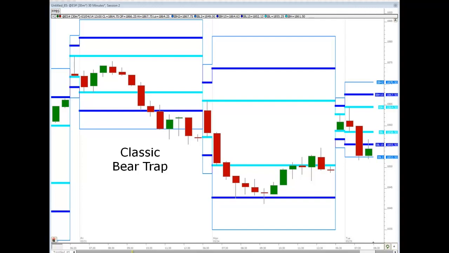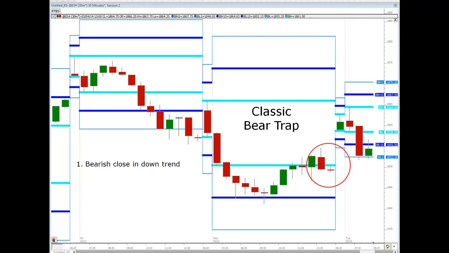I'm going to share this with you to make you aware of it, because it does happen frequently. These classic bear traps take place often in the market, and they squeeze a lot of people, especially smaller and inexperienced traders. So let's take a behind the scenes look, if you will.